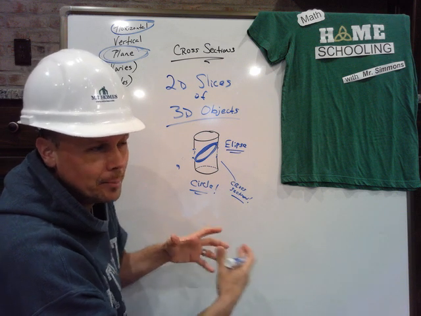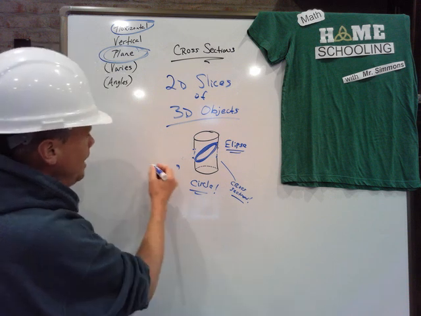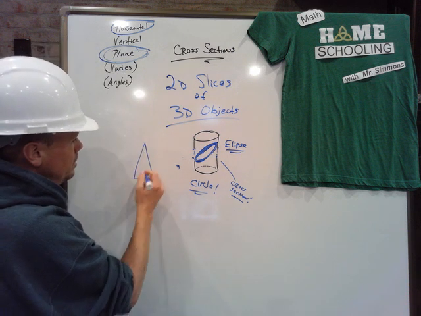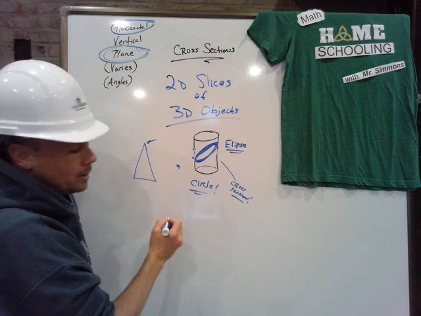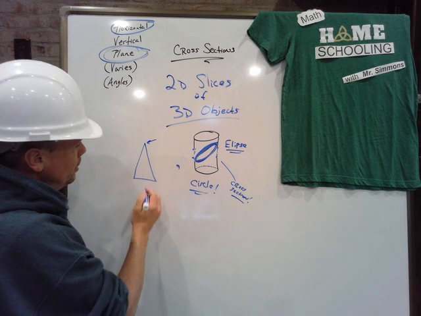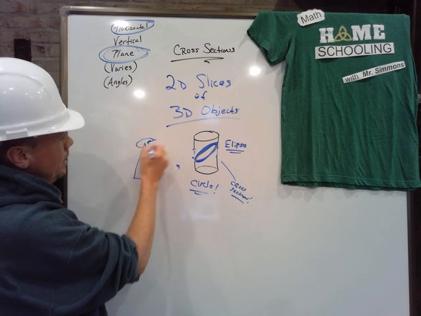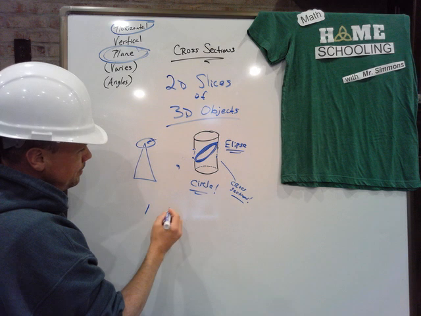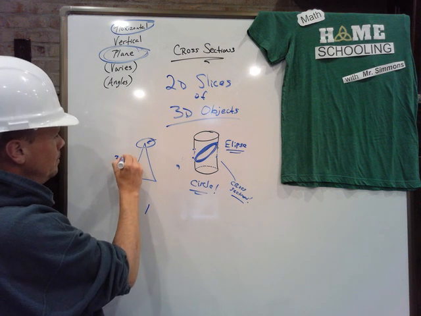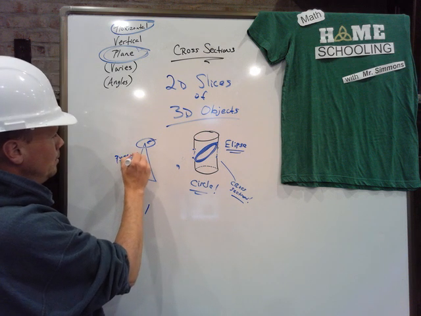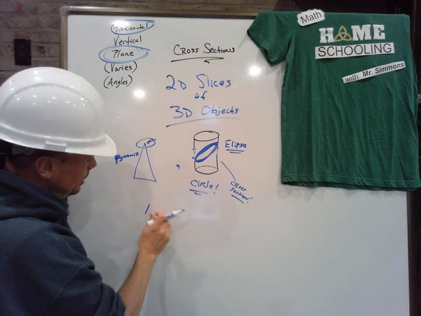We should also know that pyramids come to a point. Okay, so if it's a pyramid, then it's going to come to a point. If it's more of a prism, okay, and this is going to be a pyramid. But if it's a prism, it looks a little bit more like this.